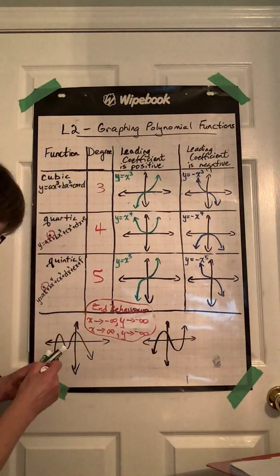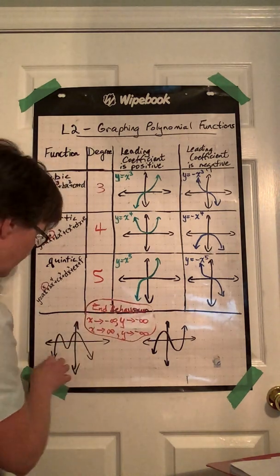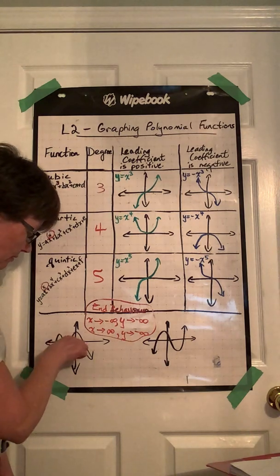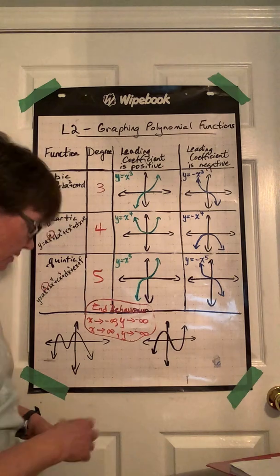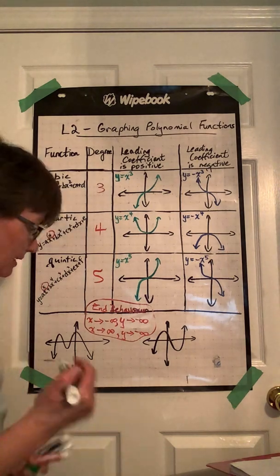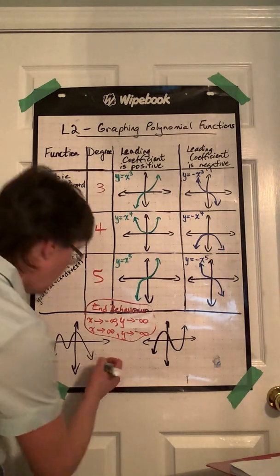Okay, so that talks about that guy. So because of this, because approaching negative infinity on the left and then on the right, we know that this is an even function. It's going to have an even power.